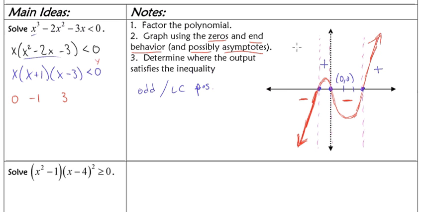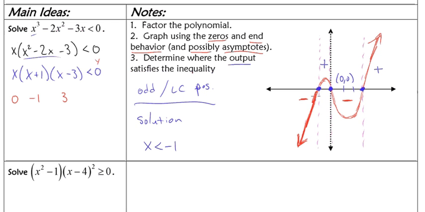So if we're looking at the output, where does it satisfy the inequality? Well, our solution is where x is less than -1, and we don't want where y is 0, because we're just looking for where it is less than 0.